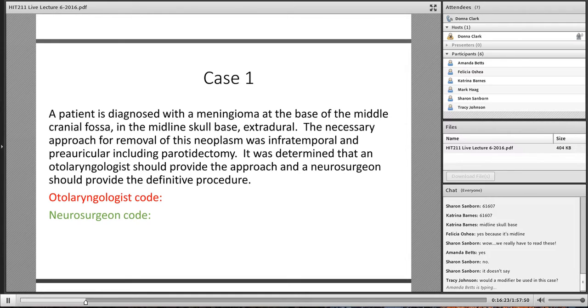Now, when you may use a modifier is if you had one surgeon who does both the approach and the definitive procedure, then you can use modifier 51 in that case, but that's not what we had here. We had the neurosurgeon doing the definitive procedure, and we had the ENT doctor doing the approach.